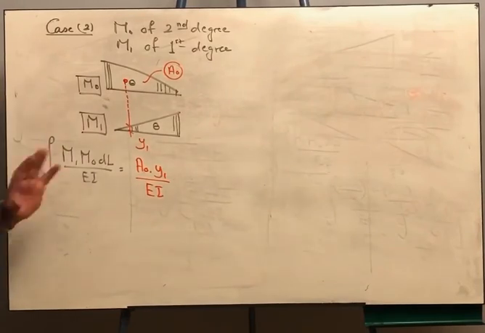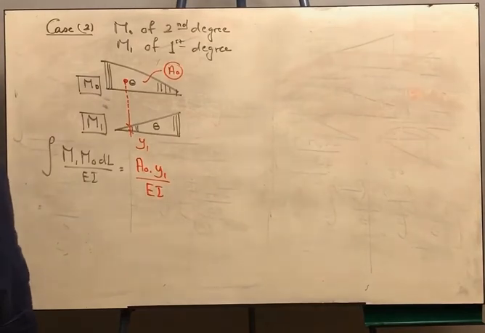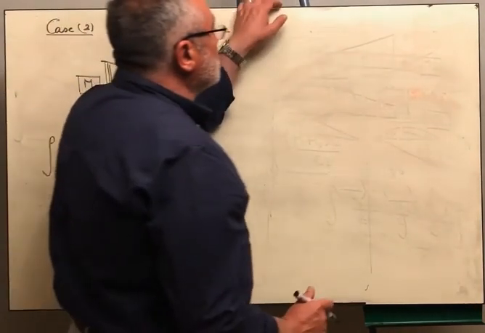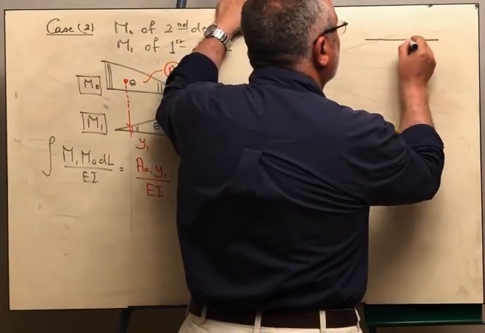Okay? This means that we have to remember the area and the centroid of some curved shapes that we studied before in chapter 5 in 212.